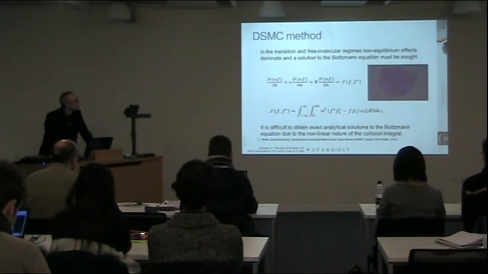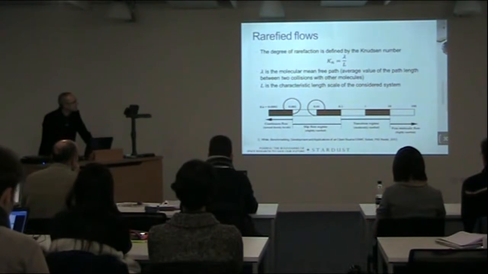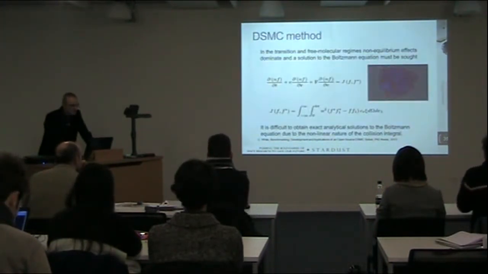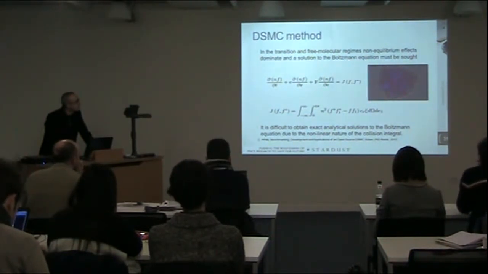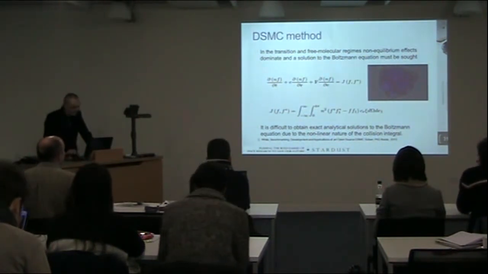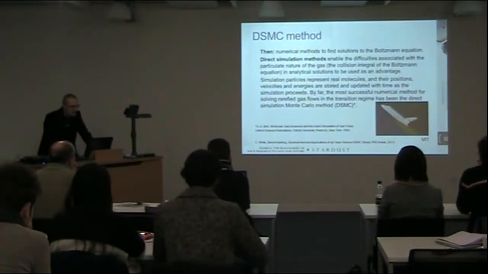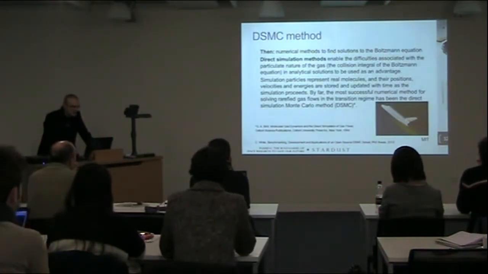So the DSMC methods are for when we are in rarefied flow, and especially in the transition regime. We have to solve the Boltzmann equation, which is not easy to solve analytically, so direct numerical simulations are used.